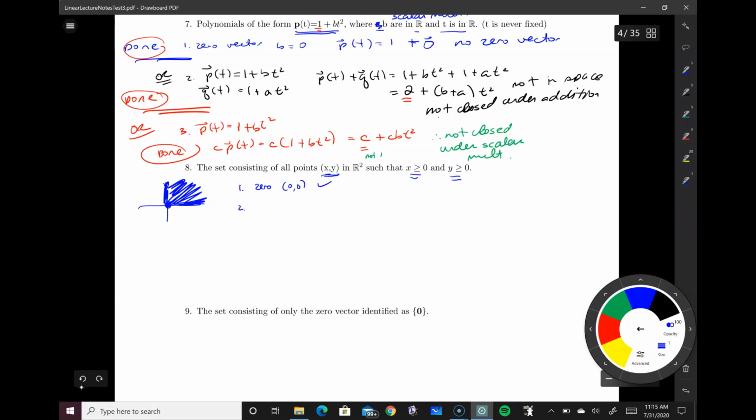Okay, check. If I take x, y, and I'm just going to make up different letters, x sub 1 comma y sub 1, and I add those two things together, x plus x sub 1 comma y plus y sub 1, this is in the subspace.